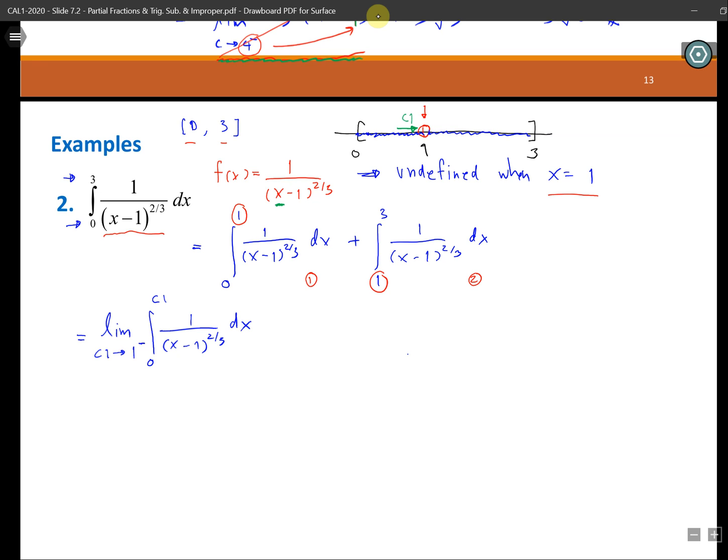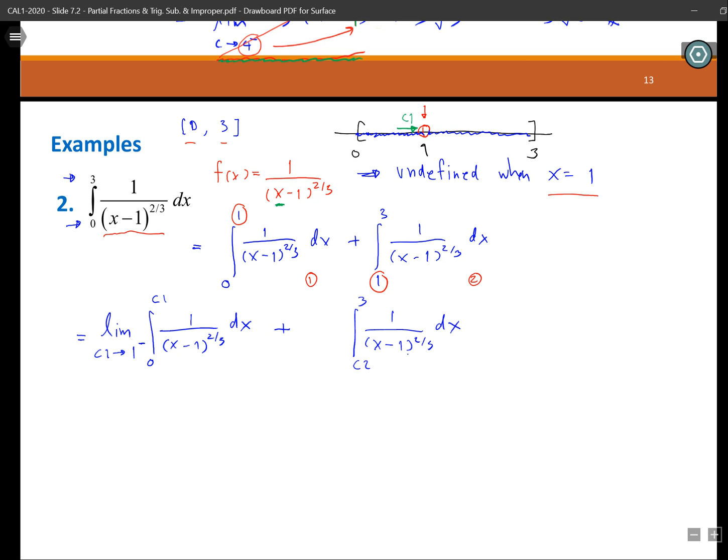Okay, now next one. Integration, 1 is a problem, so we are going to use C2 instead. And 3, nothing is wrong with that, so keep it. The rest is the same, (x minus 1) to the power of 2 over 3 dx.